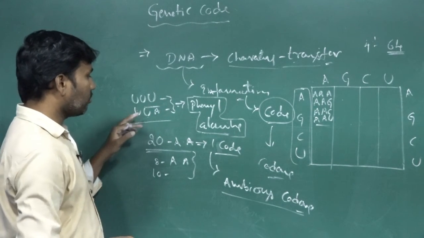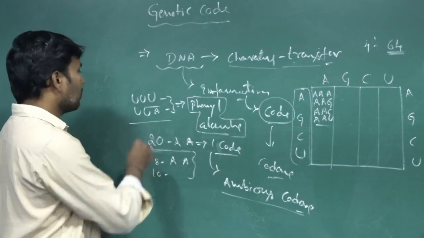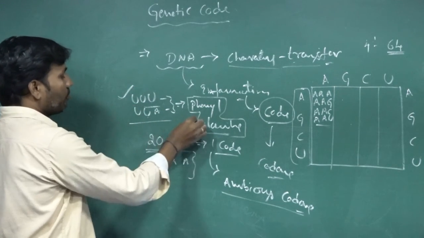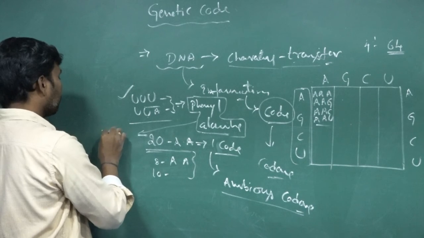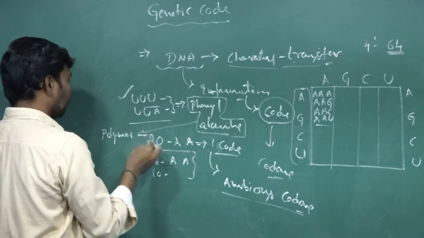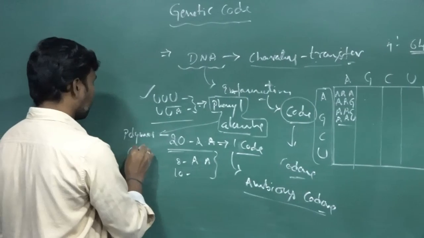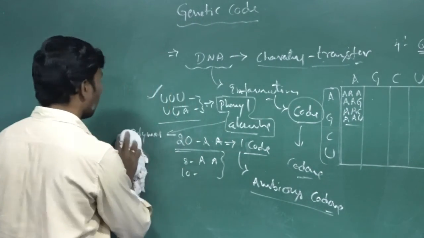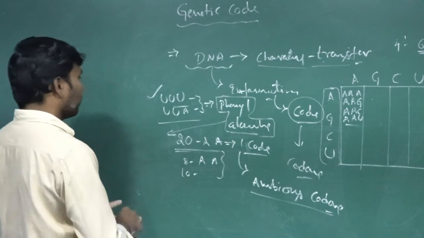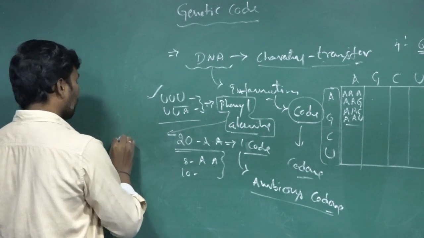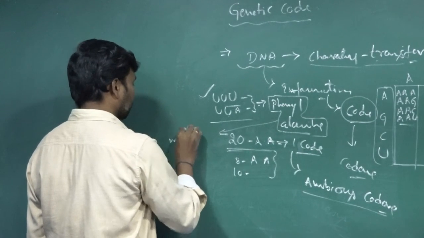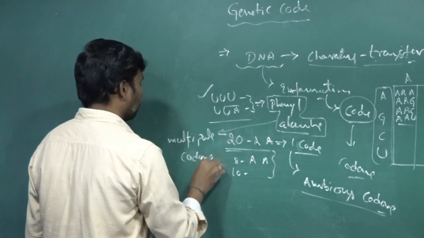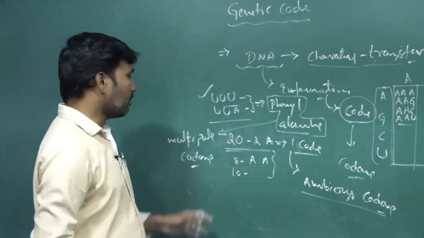Like that, the one amino acid is coded by multiple codons, like phenylalanine here. So these amino acids are coded by multiple codons.